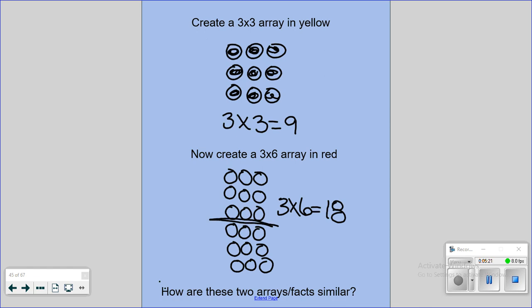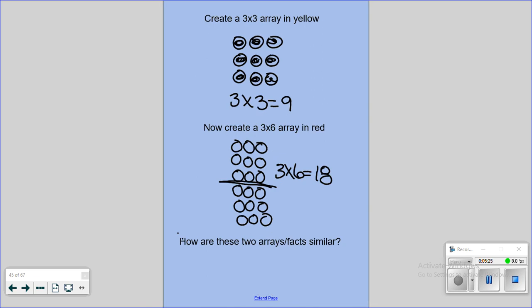Do you see that? Alright, up this side, I want you to write this. I'm going to write down because I'm running out of space. 3 times 3. 3 groups of 3. And then when I add another 3 groups of 3, when I double it, just like we did in number talks this morning, I'm adding another 3 groups of 3.